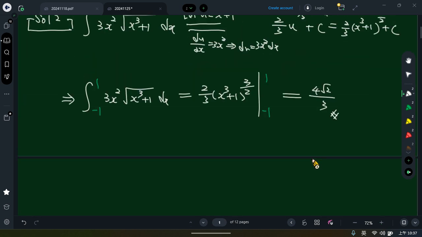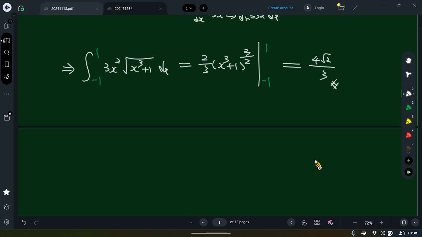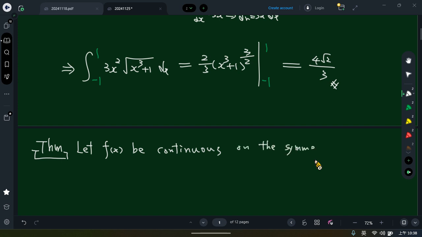And then there is another theorem: if f(x) is continuous on the symmetric interval from negative a to positive a, so it's a symmetric interval from negative a to positive a.